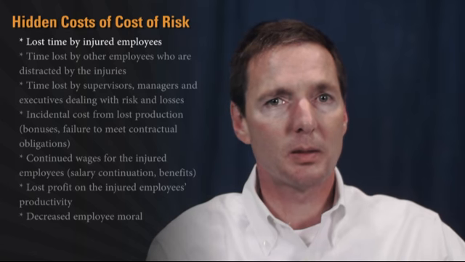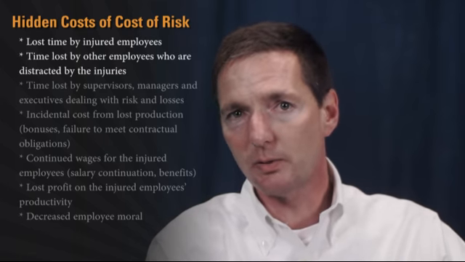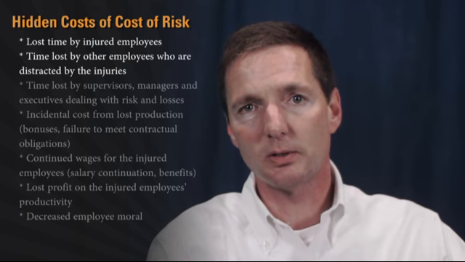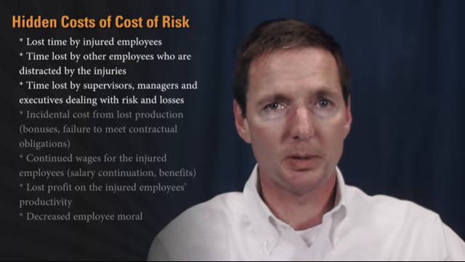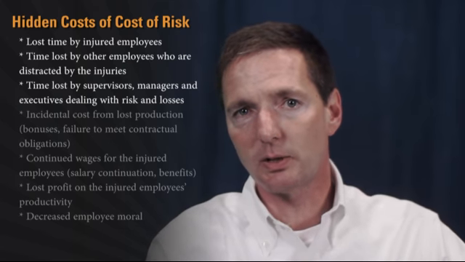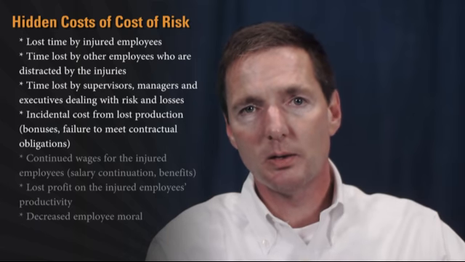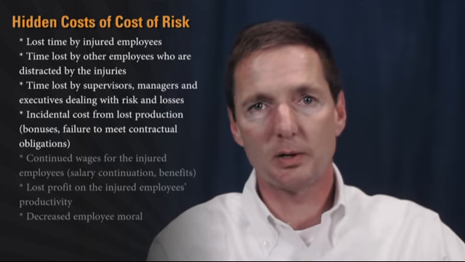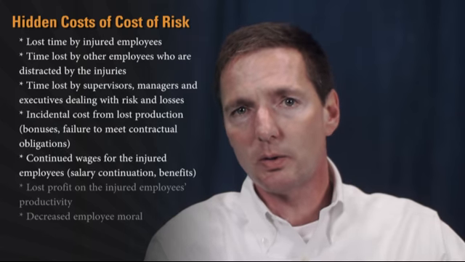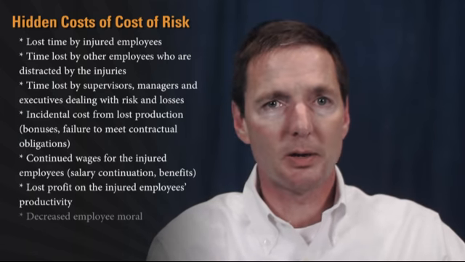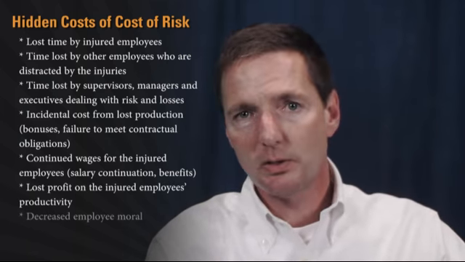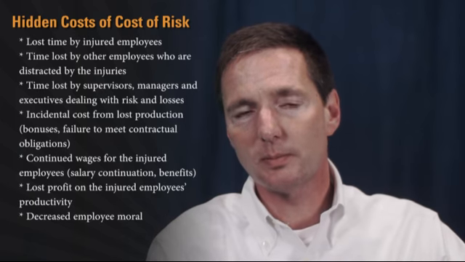Most insurance and risk management experts will tell you that there are hidden costs of risks, and they're going to include the lost time of injured employees, the time lost by other employees who are distracted by injuries and accidents, time lost by supervisors and managers and executives when dealing with risk and losses, incidental costs from lost production, such as lost bonuses and failure to meet contractual obligations, the ongoing wages for the injured employees, salary continuation benefits, lost profit on the injured employee's productivity, such things as decreased employee morale.